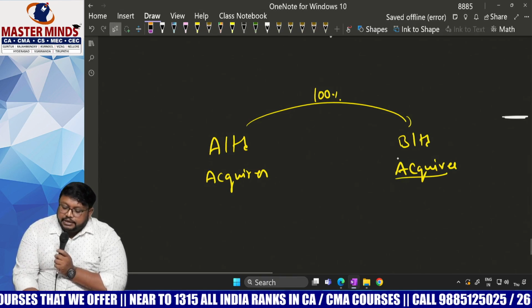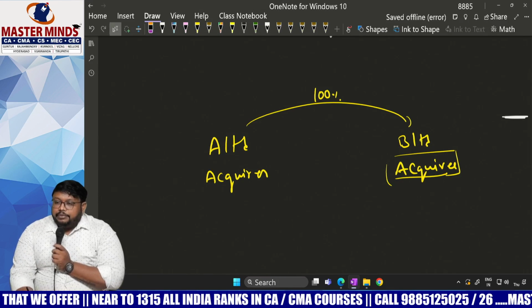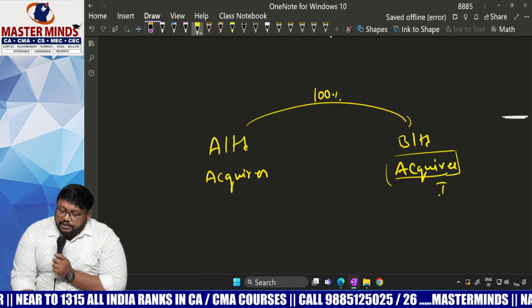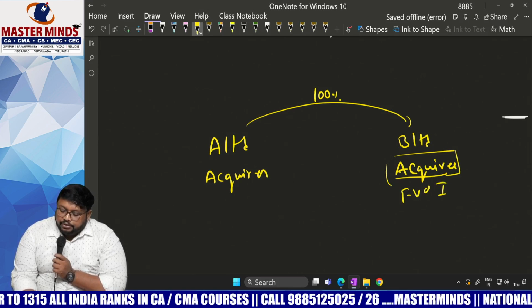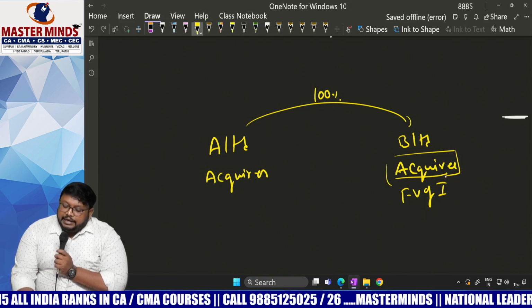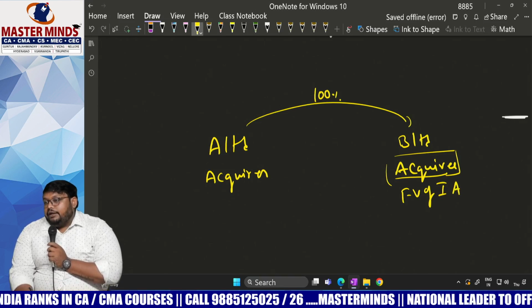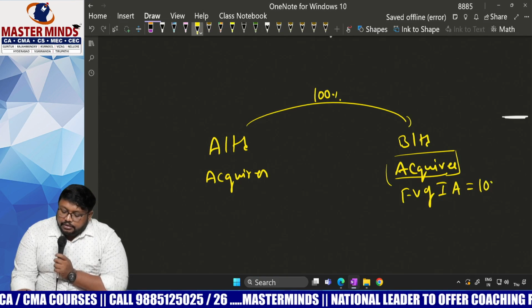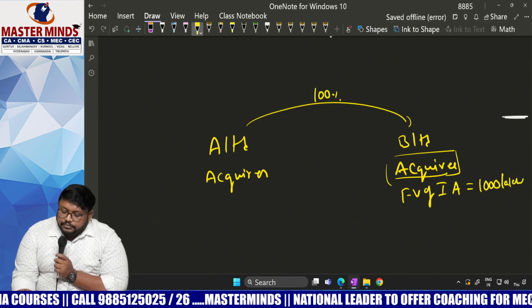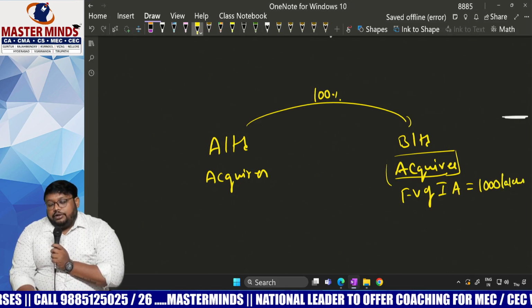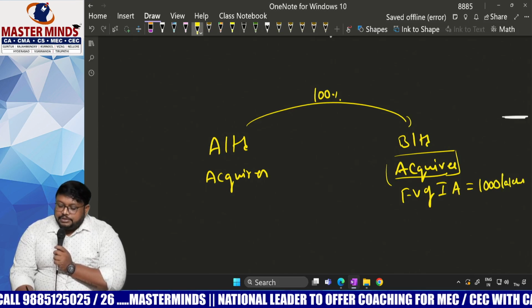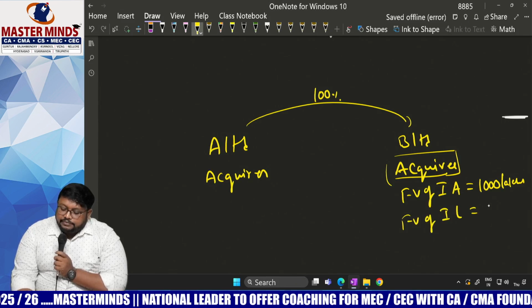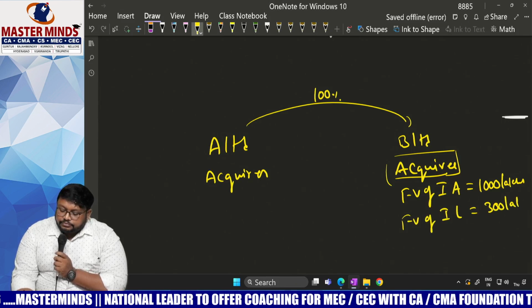First we have to check the acquired company B Limited, what is the amount of net assets? We have identifiable assets, I'm talking about fair values only. Fair value of identifiable assets, we're having 1000 lakhs. Fair value of identifiable liabilities, we're having 300 lakhs.